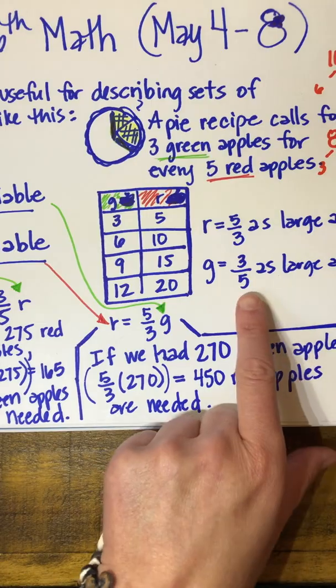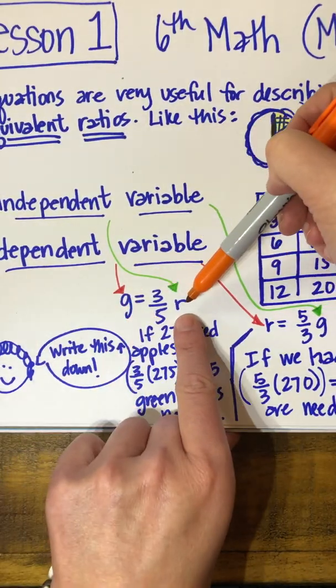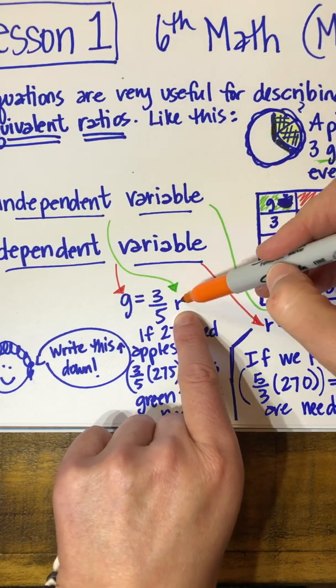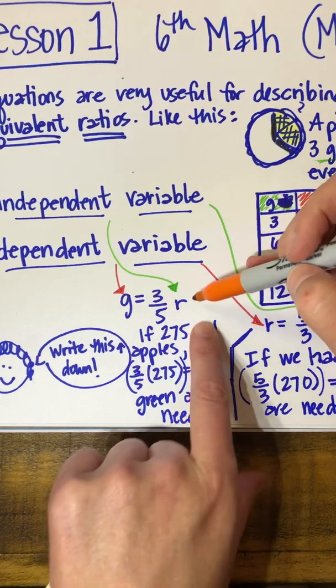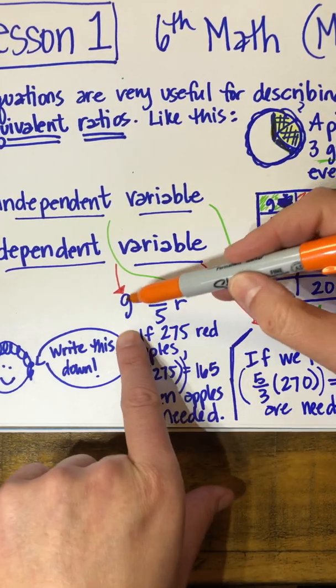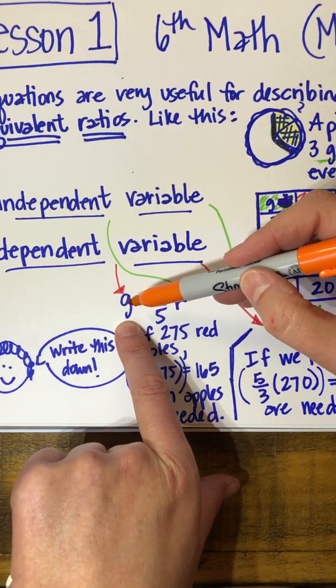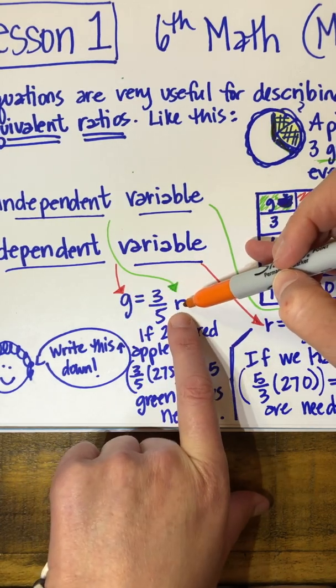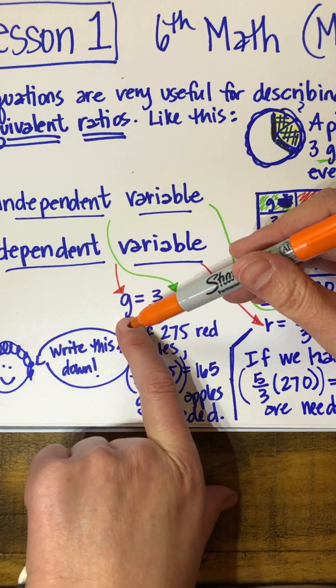All right, we can look at the same thing with the other equation. So in this case, if R changes, then G is affected. So if the number of red apples changes, the number of green apples is affected by that change. So in this case, R is the independent variable and G is the dependent variable.